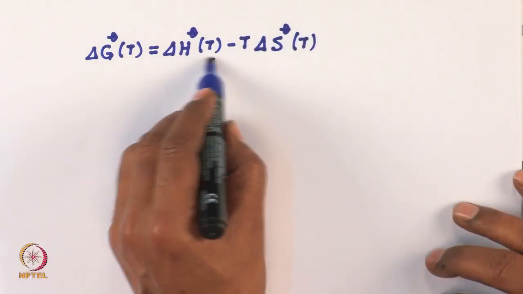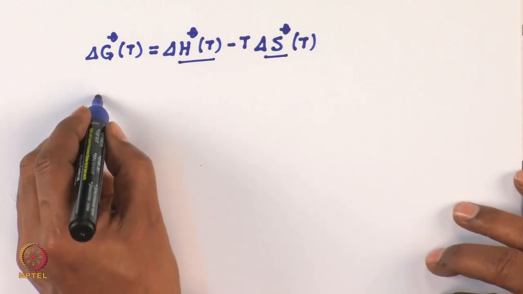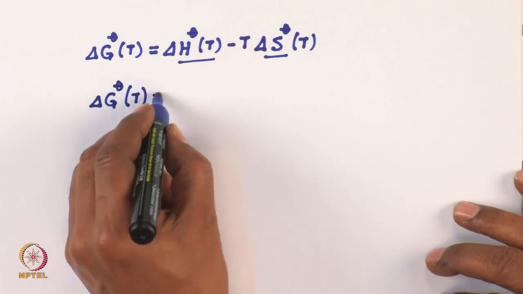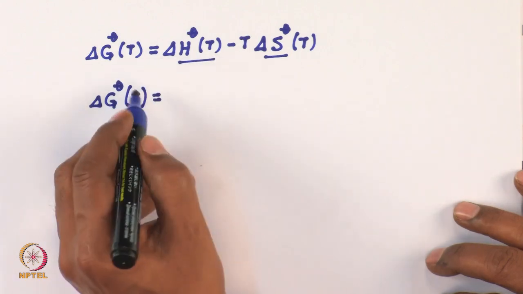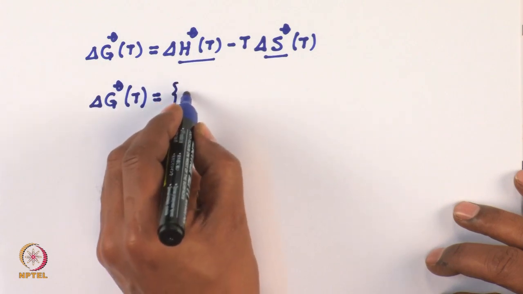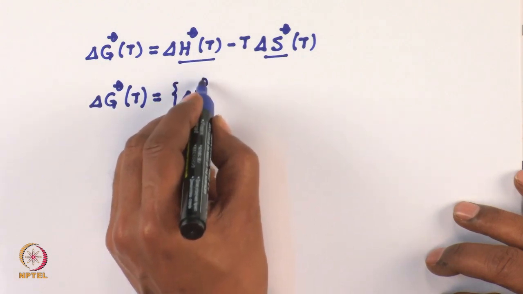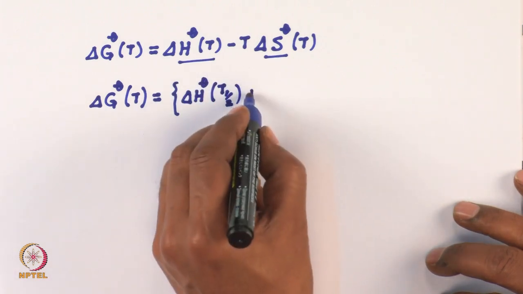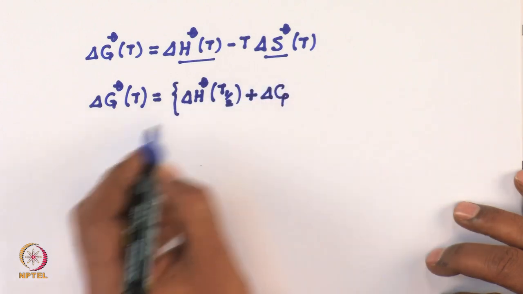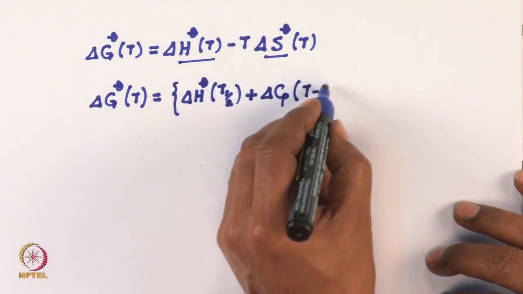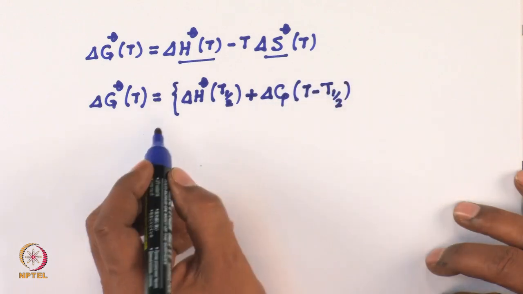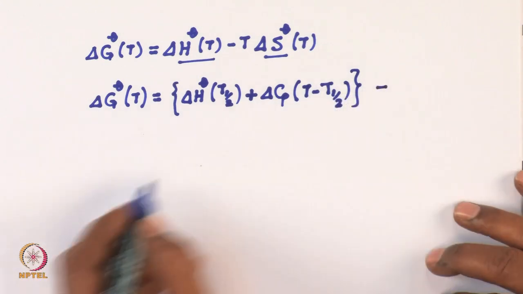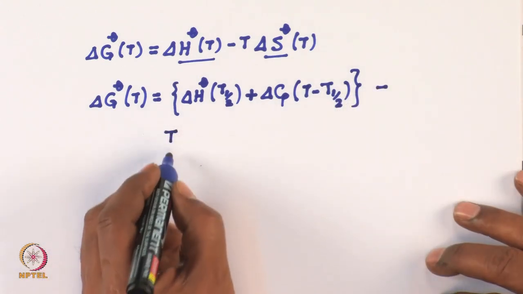Now, I will substitute for delta H and delta S. So, delta G naught at any temperature will be equal to delta H naught, that will be delta H naught at T half plus delta Cp into T minus T half, minus T times delta S naught.